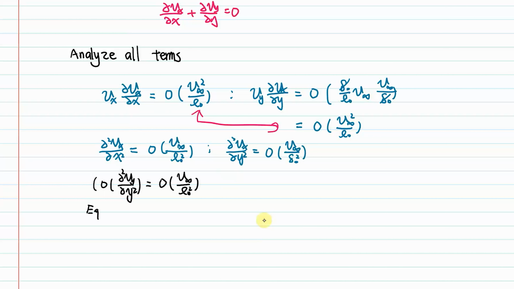You can figure that out. So this gives us another relation: partial square Vx partial x squared is on a similar order to partial square Vy partial y squared, and both are much smaller than partial square Vx partial y squared.